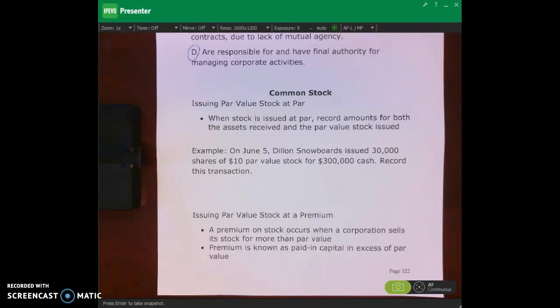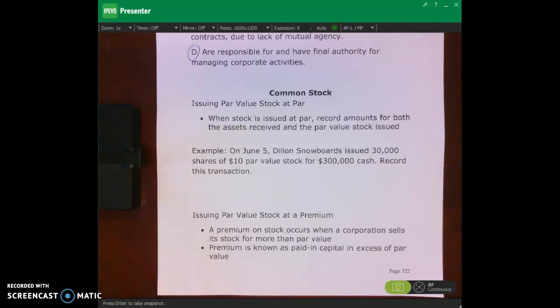So remember, if we think back in terms of where stock fits into the accounting equation, stock is capital, so it's equity. Remember we talked about this in the second lecture video. Why do we issue stock? To accumulate capital. What do you mean by capital? We mean cash for expanding operations or doing many other things.